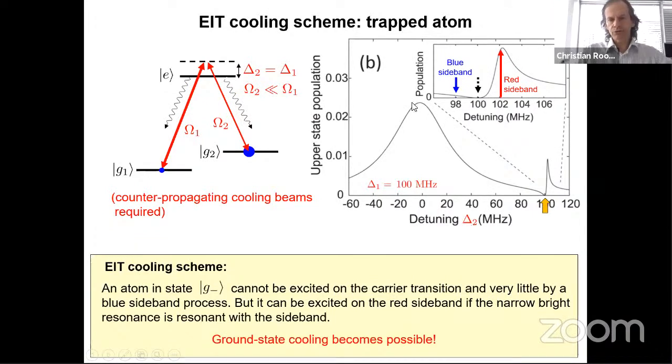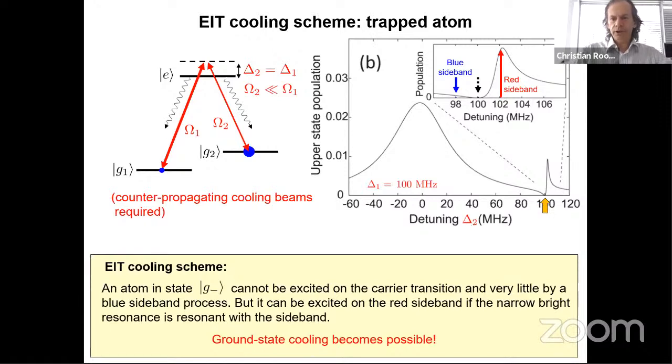And if you now tune the coupling strength of laser number 1 such that you create a dressed state that gets shifted by an amount that equals just the oscillation frequency of the mode that you want to cool, then even if the second laser is tuned to the same detuning as the first one, you can make use of this coupling to the dressed state by a process where the missing energy is provided by the ion motion.